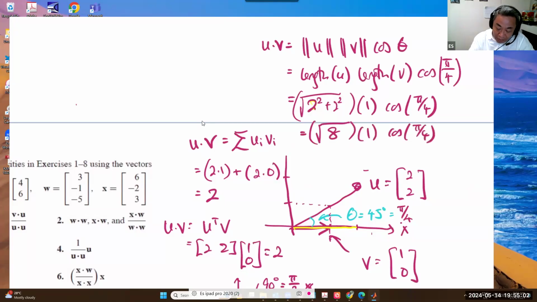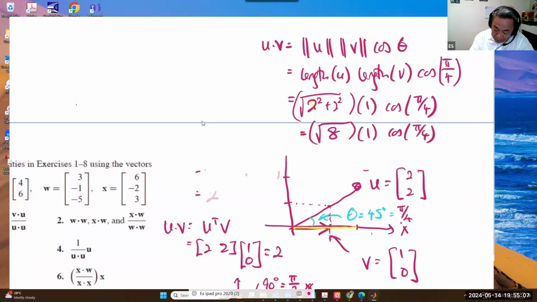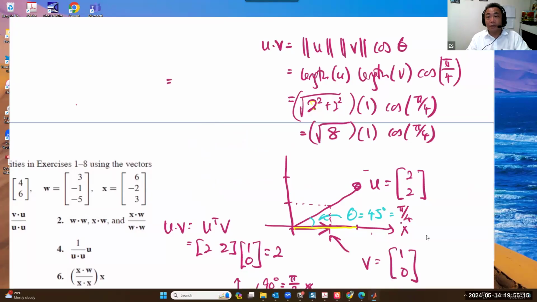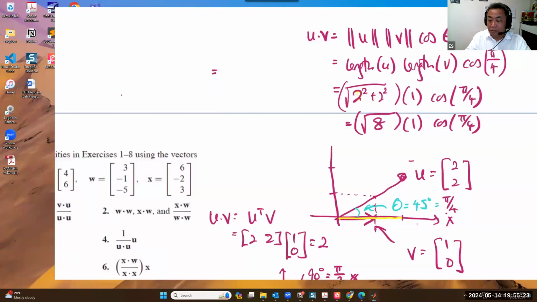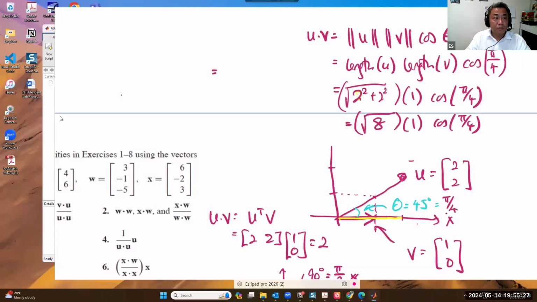So I'm going to work it out, and let me erase this first, and then I'm going to write it here. Okay, where's my MATLAB? Here. All right.